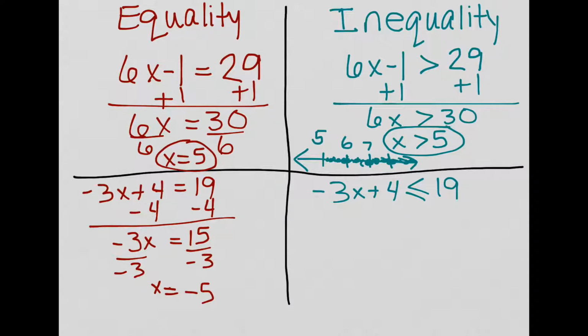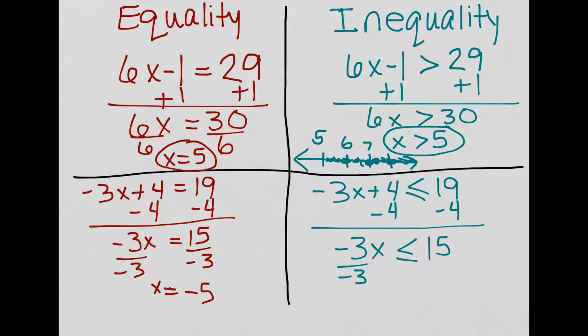However, when I solve an inequality and the last step involves multiplying or dividing by a negative, there's one extra rule you have to know. This step right here, when I'm dividing by a negative, I have to reverse the inequality sign so that x is going to be greater than or equal to negative 5.